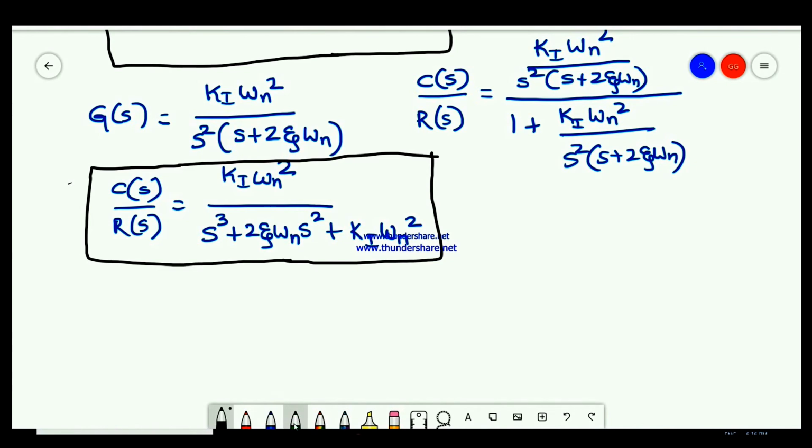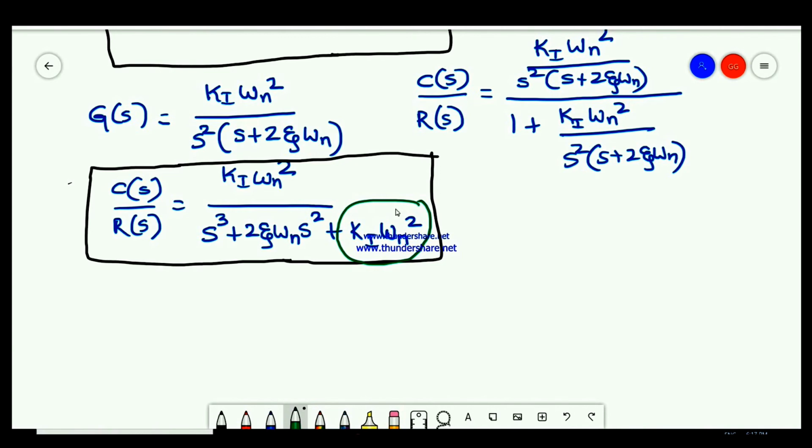As Ki is multiplied by omega n square, the natural frequency is increased and due to that the time taken is reduced. So the time specifications related to omega n square will all get reduced and the system response would be faster.